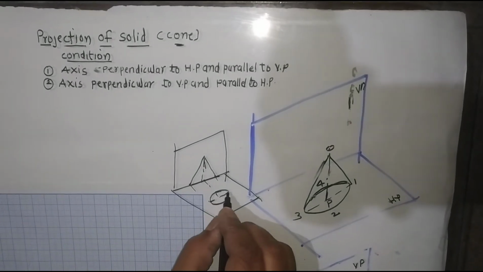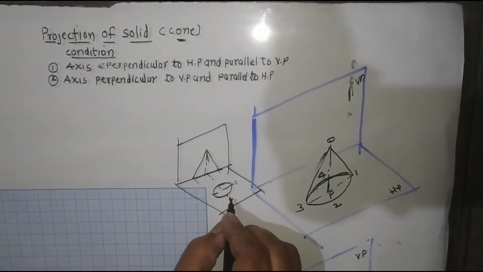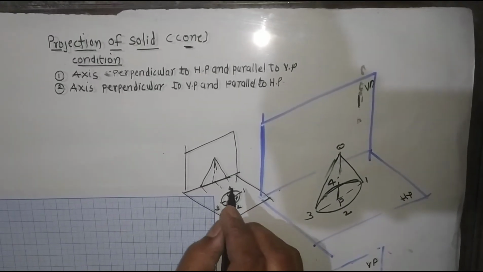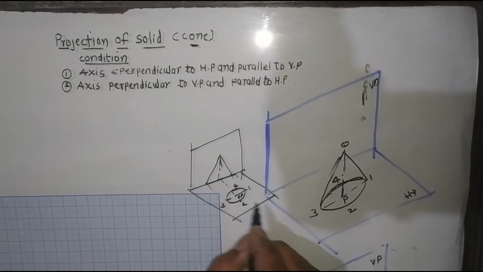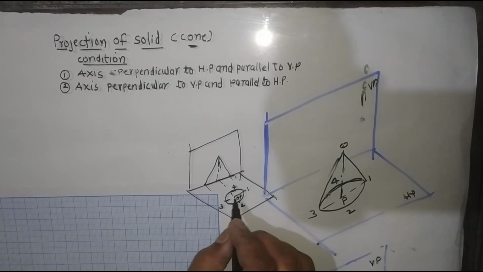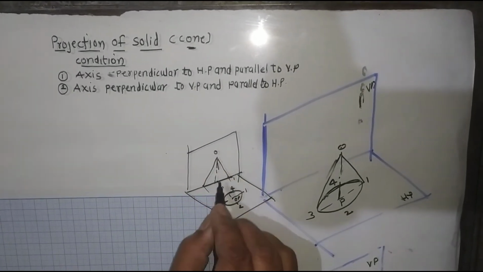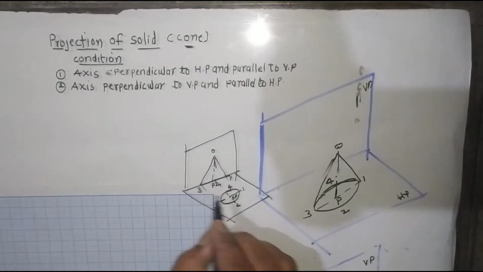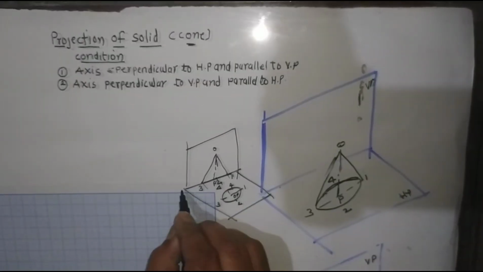I will name the points 1, 2, 3, 4. This is point OP, this is the base circle, and these are the generators. This is the axis OP, with points 1, 2, 3 and 4.